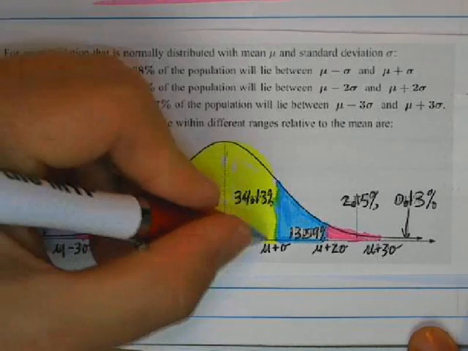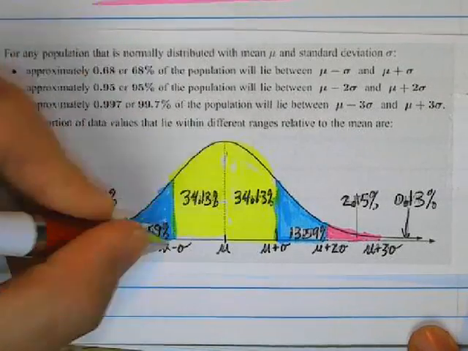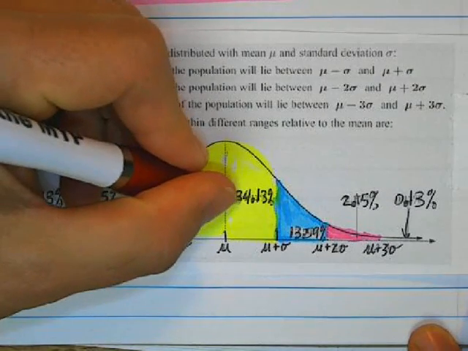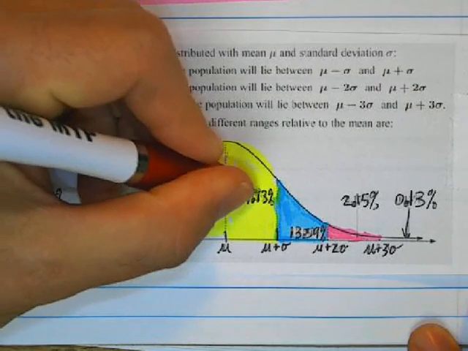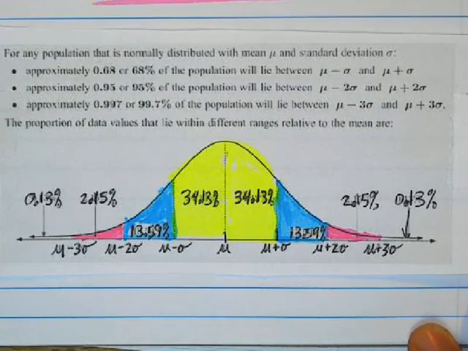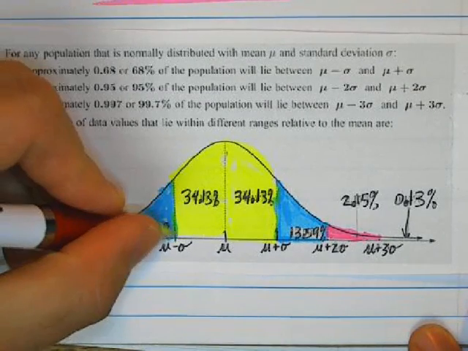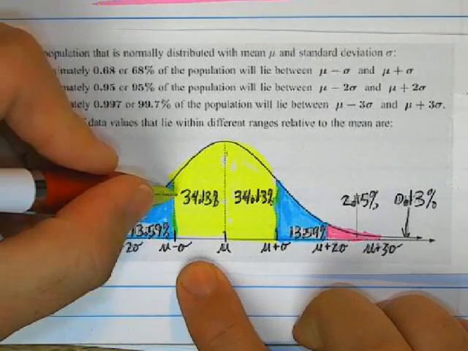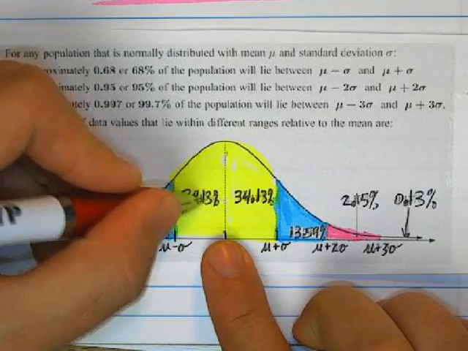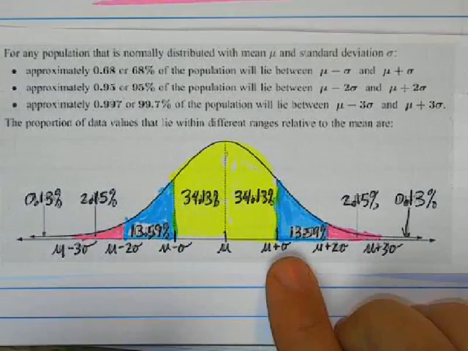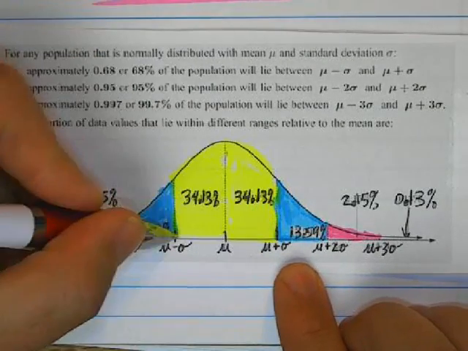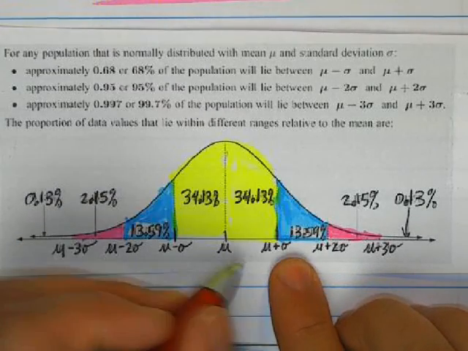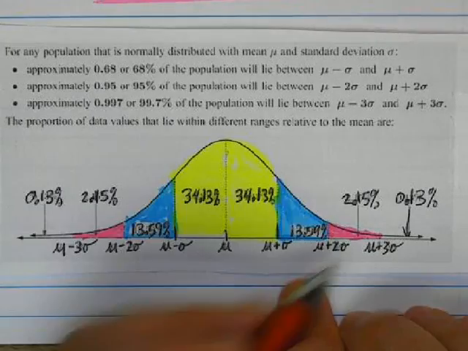If I go 1 standard deviation to the right from the mean, that is always by definition 34.13%. Okay, and if I go 1 standard deviation to the left of the mean, then it's also 34.13%. That tells us where the standard deviation is going to be.